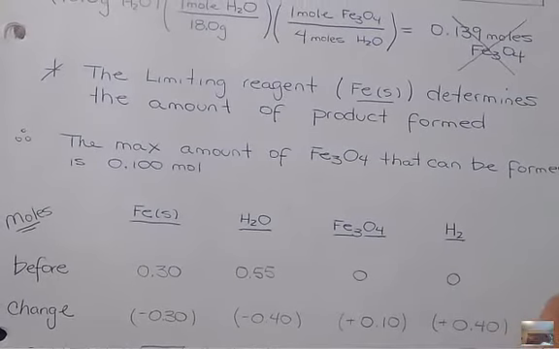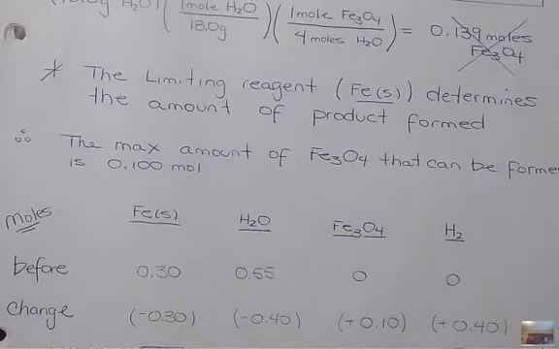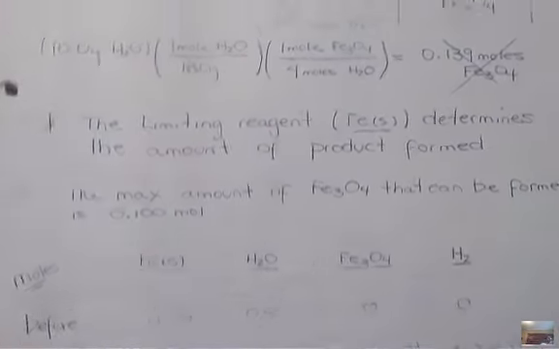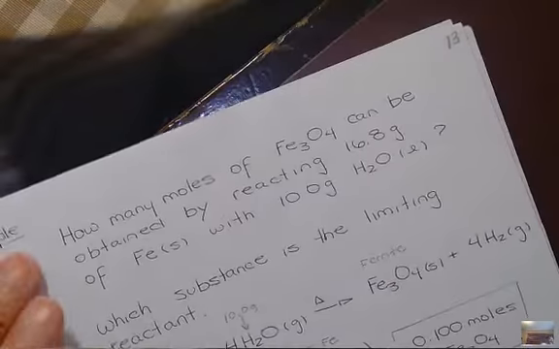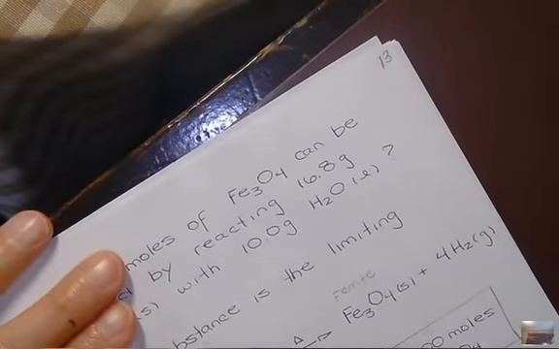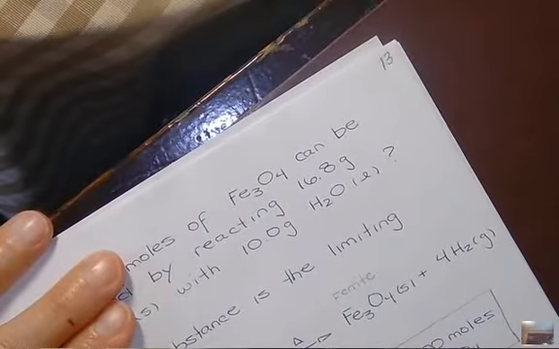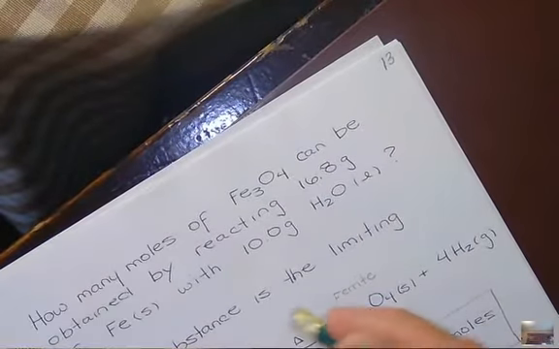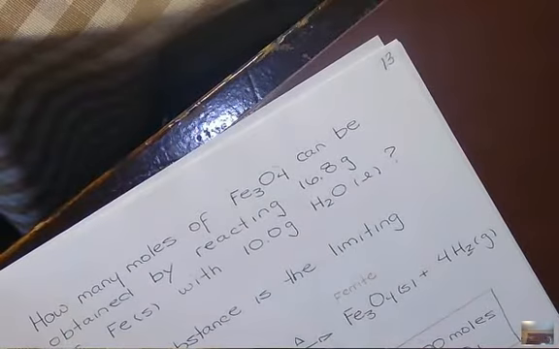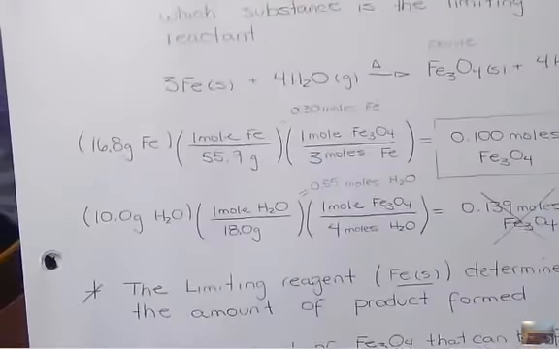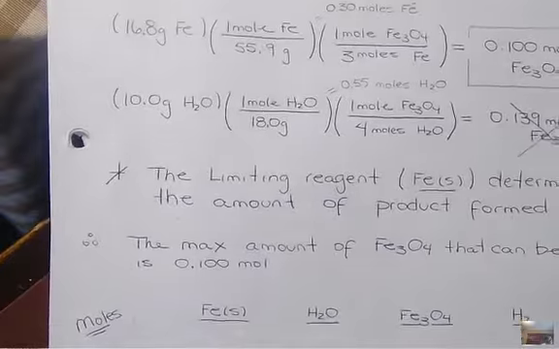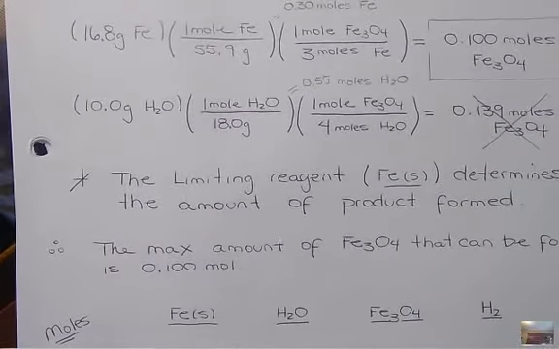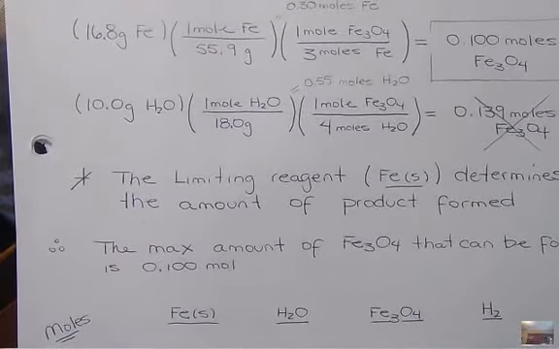The next way of thinking about it is to go back and take our balanced chemical equation. Let me just erase these guys here because I'm going to need them for the next time. Take our balanced chemical equation and let's tabulate in moles how much of everything I have, how much it changes, and what do I have at the end.